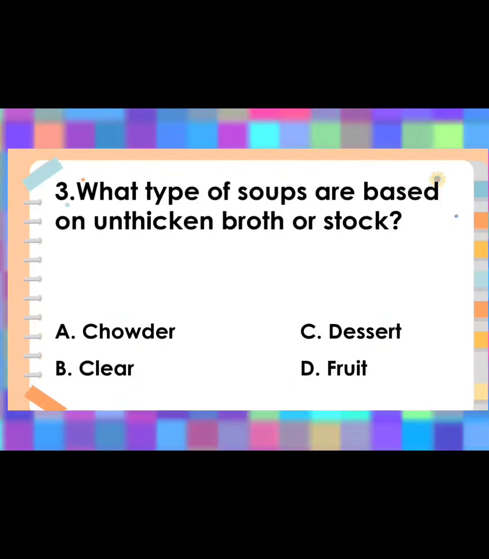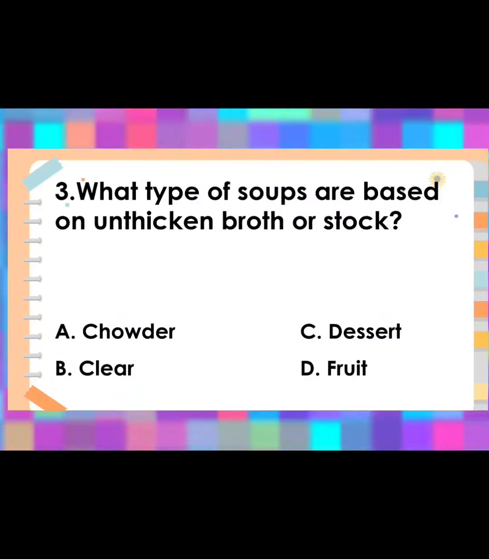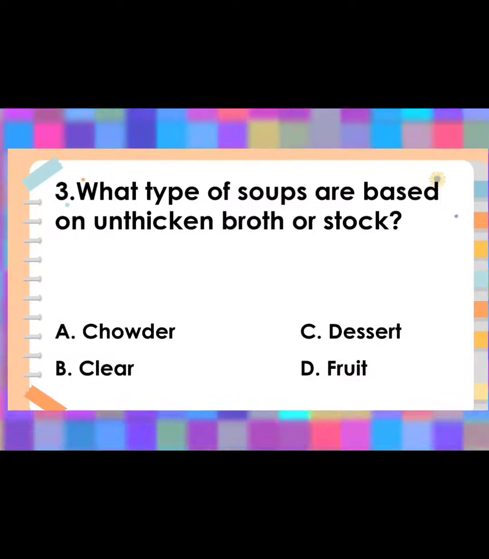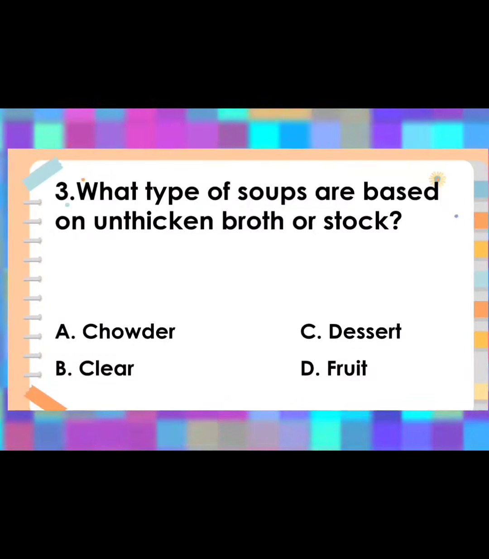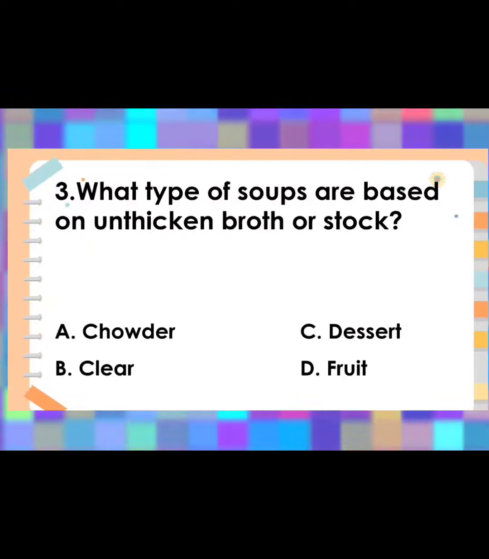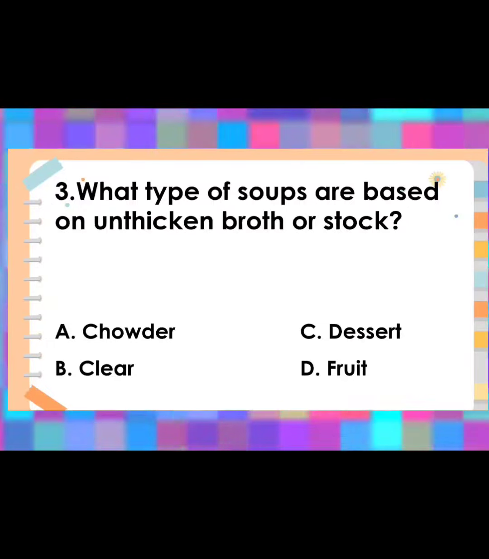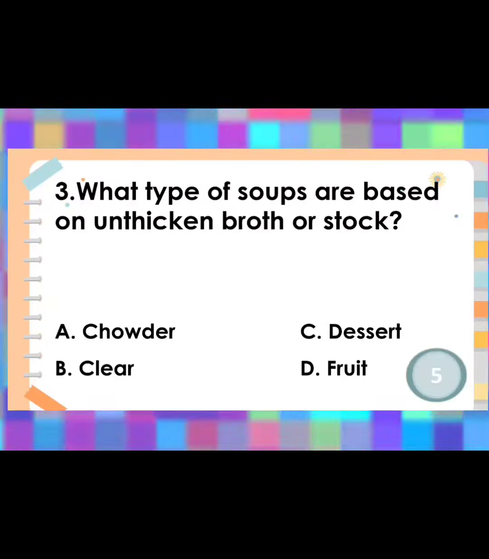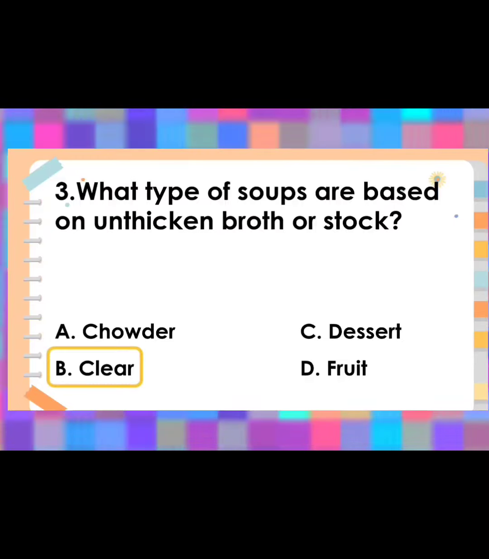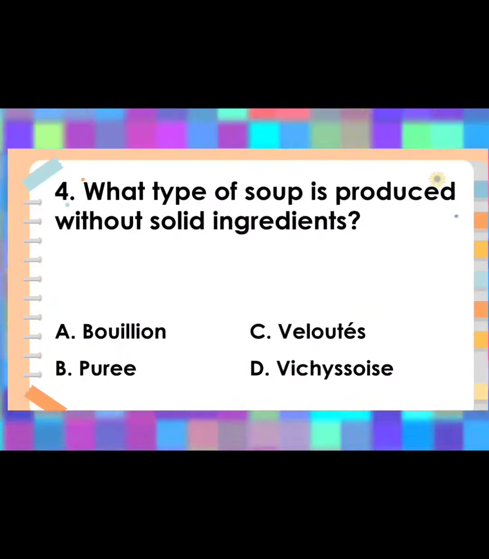Number 3. What type of soups are based on unthickened broth or stock? A. Chowder, B. Clear, C. Dessert, D. Fruit. The correct answer is letter B, clear.